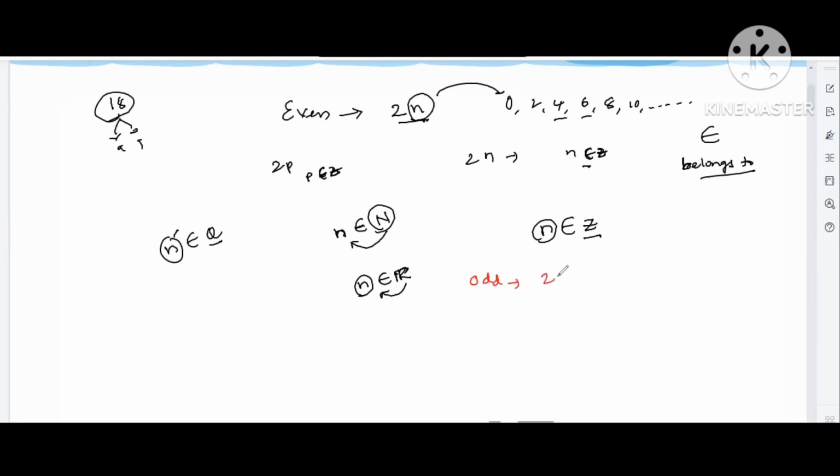So here 2n, if you are adding 1. These two forms you have to remember. The even number form is always 2n, and the odd number form is always 2n plus 1. So that's the thing you have to know.